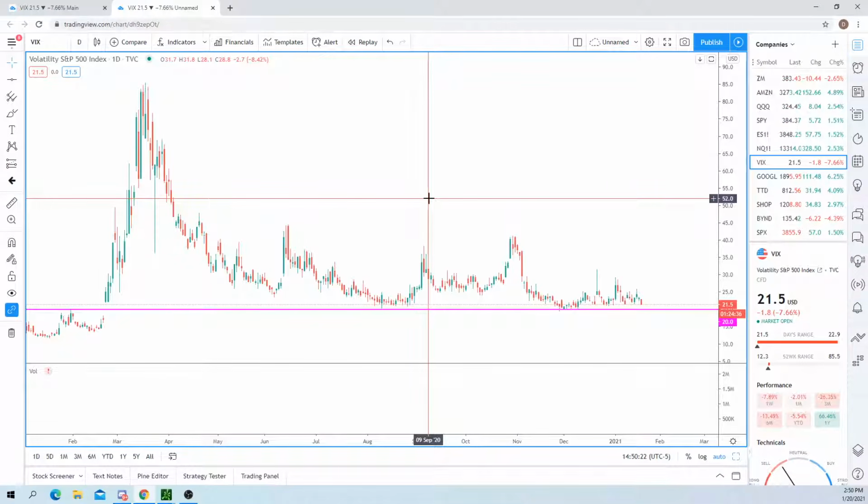That being said, if the VIX is breaking above a key resistance, we can speculate that the S&P 500 will head lower. Vice versa, if VIX is strongly breaking below support, we can speculate that the S&P 500 will go higher. So whatever the VIX is doing, the S&P should do the opposite.